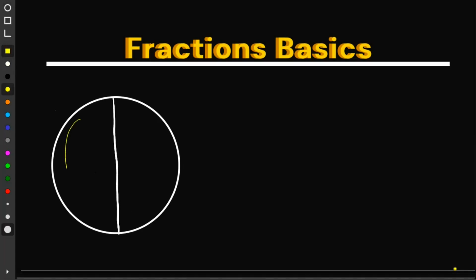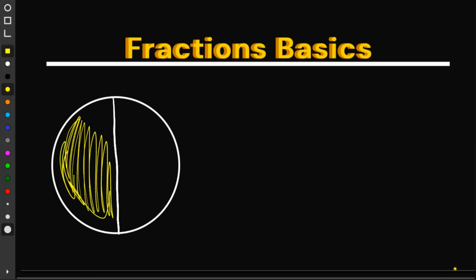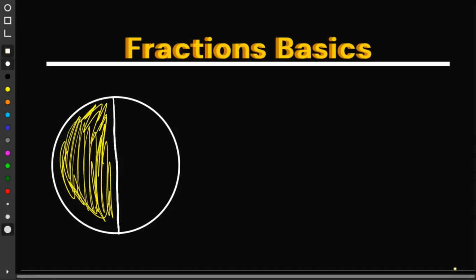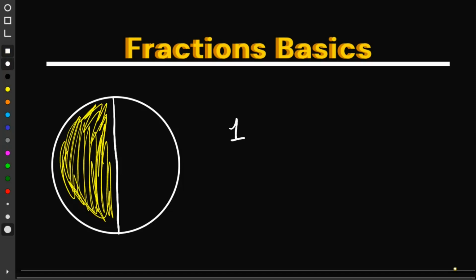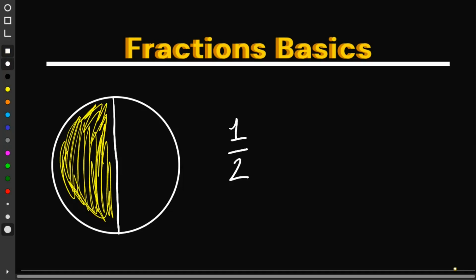So for instance, if we shade this part out here, then we can represent this shaded part as 1/2, since we have shaded only one part out of the two parts that we have divided. So this is 1/2 of the whole circle.